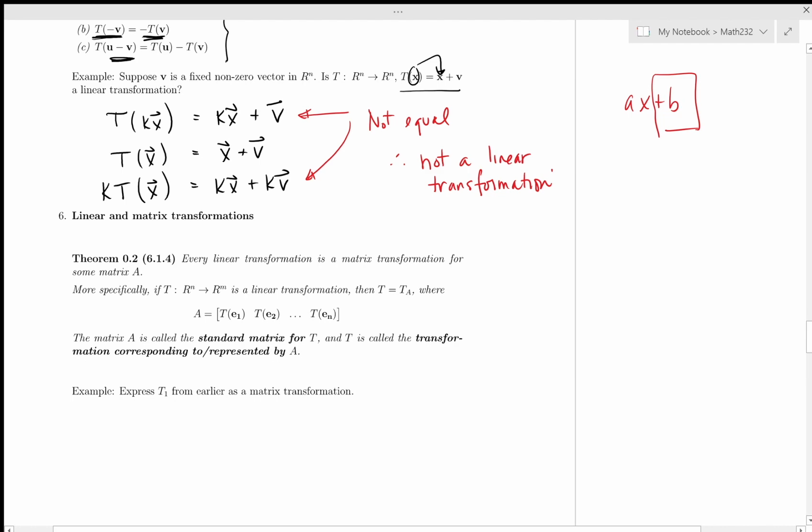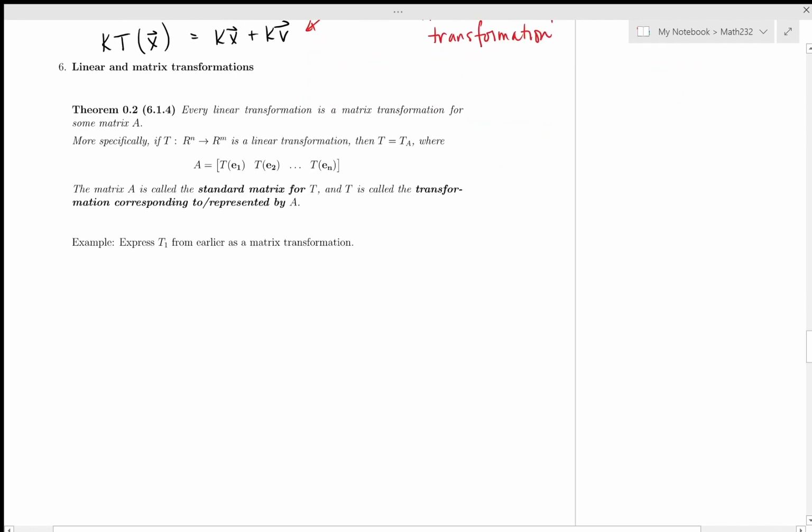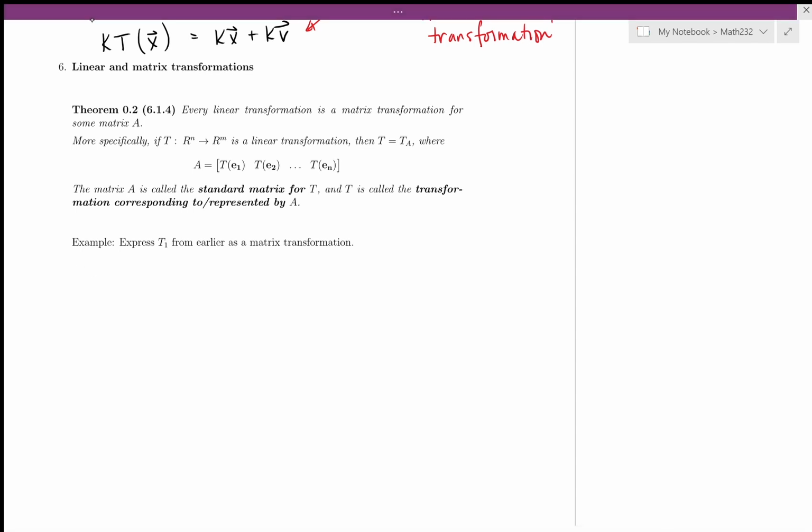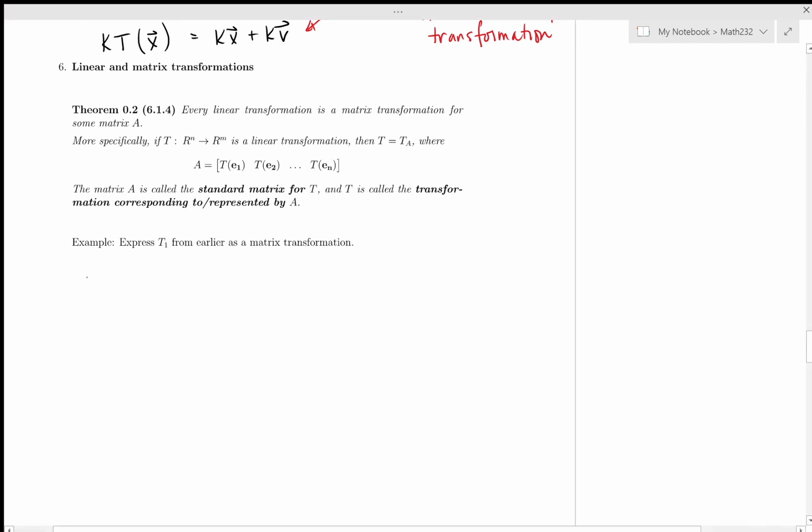We're going to attempt that feat with T1 from earlier, as we try to reformulate T1 as a matrix transformation. Here's the definition of T1 again. This is what T1 is: x1, x2 goes to double the first one and halve the second one. So we'll recall our standard basis vectors.